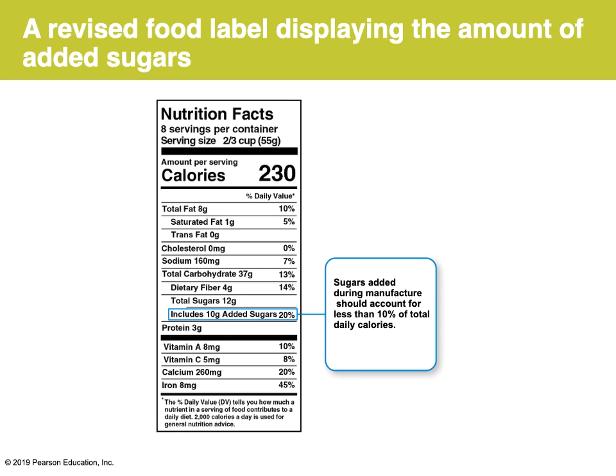One good thing about the current form of food labels is that you can actually see how much sugar was added during production of the food item. Ideally, sugars added during manufacturing should account for less than 10% of the total daily calories, so that otherwise the sugars would be natural sugars that were present in, say, the fruit or the grain or whatever it was.